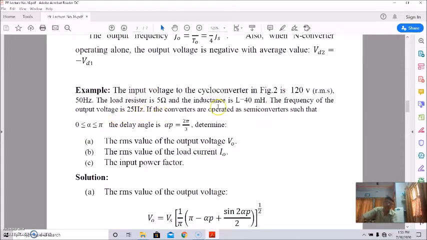The converters are operated as semi-converters such that the delay angle alpha is from 0 to pi, and the delay angle alpha p equal to twice pi by 3. Determine the RMS value of the output voltage, RMS value of the load current, and the input power factor.